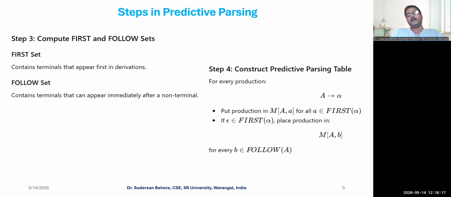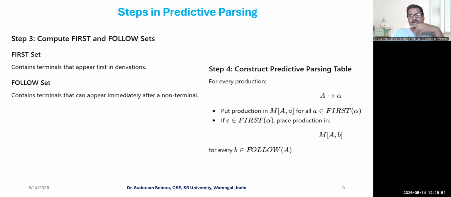Okay. So construct the predictive parsing table. For every production, this is the rule. For every production A derives alpha, put the production in M. M means the parsing table I said already. M of capital A comma small a, for all small a belonging to first of alpha. If small a is an element of first of alpha, then at the coordinates capital A comma small a, you must put the production A derives alpha.